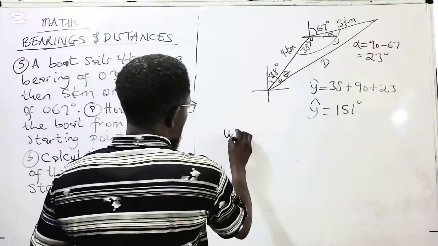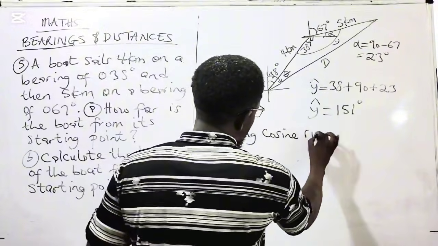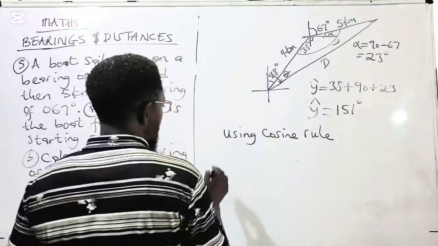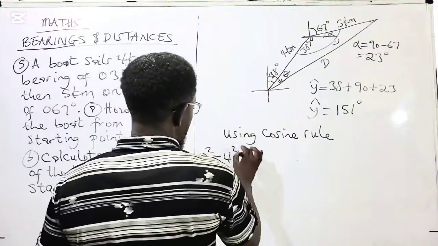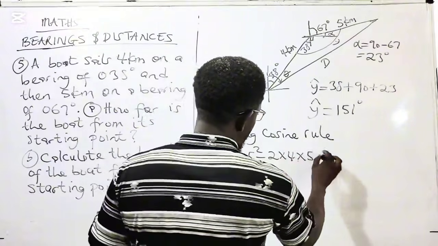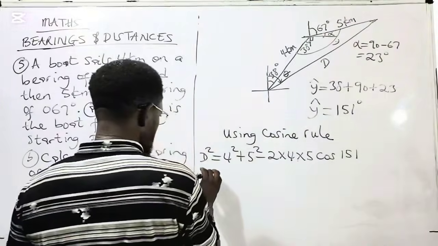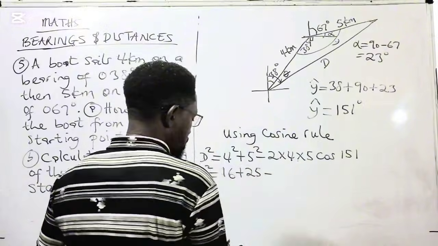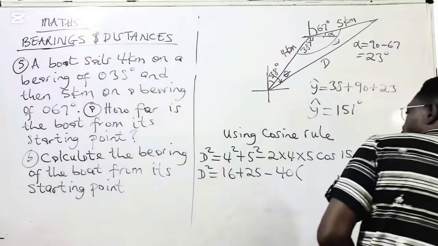So using the cosine rule, I'll get d squared equal to 4 squared plus 5 squared minus 2 times 4 times 5 times cos of the angle 151. So d squared equals 16 plus 25 minus 40 cos 151.